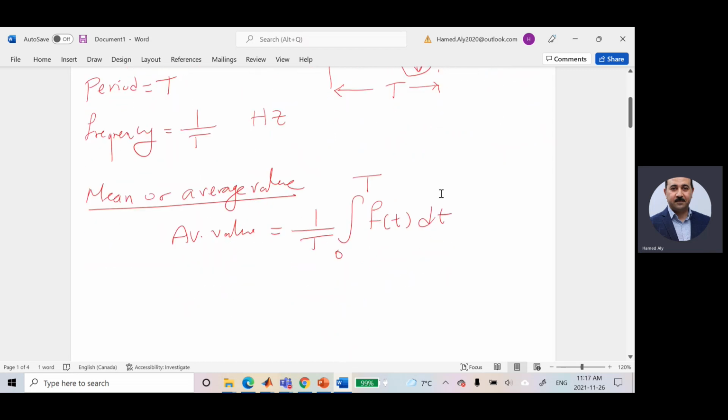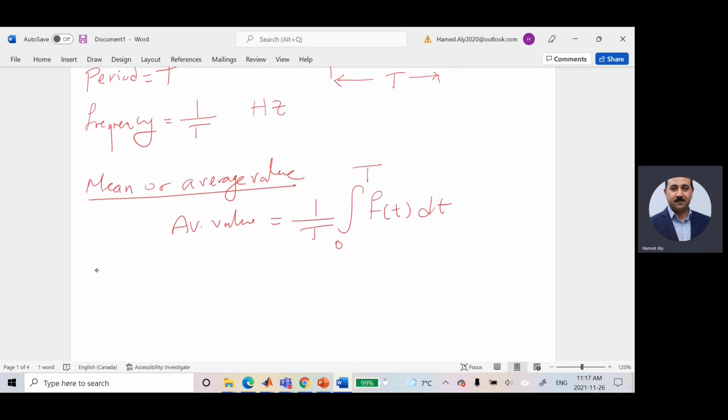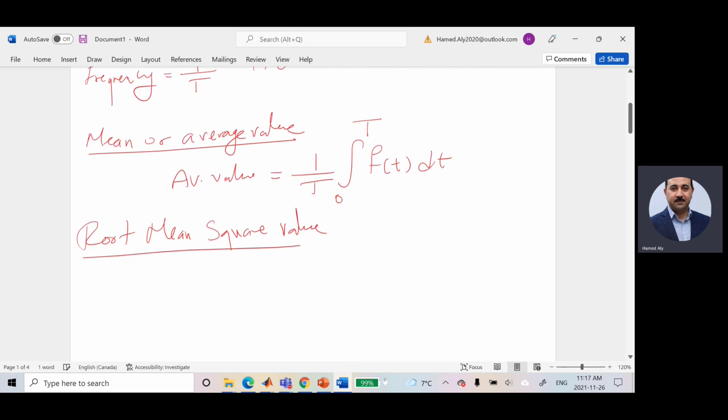We will try to use something else, which is called the root mean square value. What is the root mean square value? Actually, we call it RMS. It is equal to the root of the mean after squaring it.